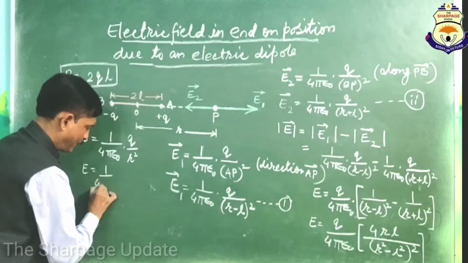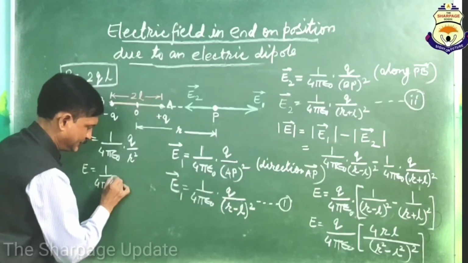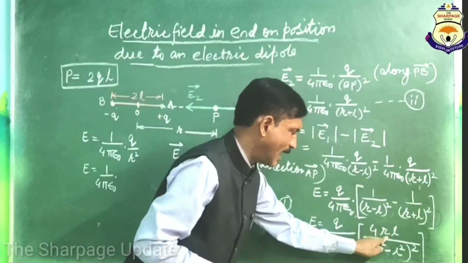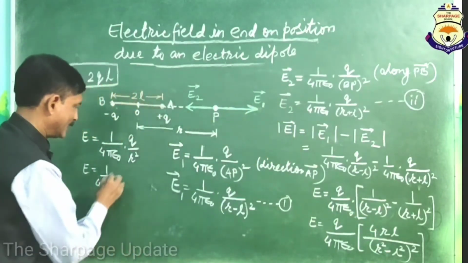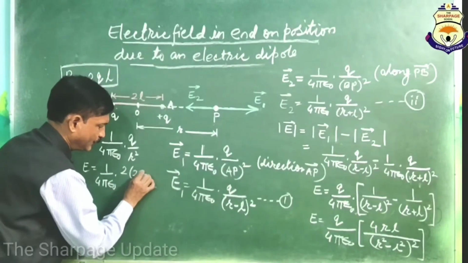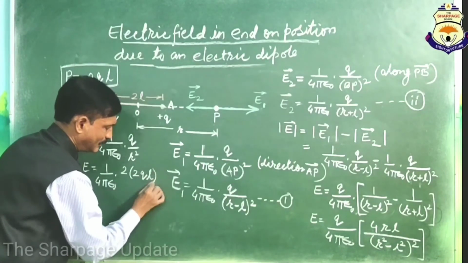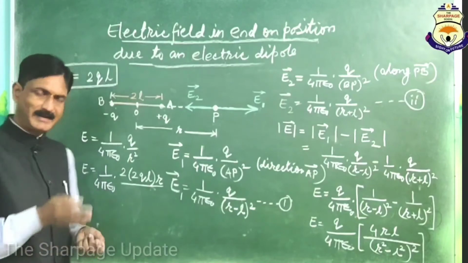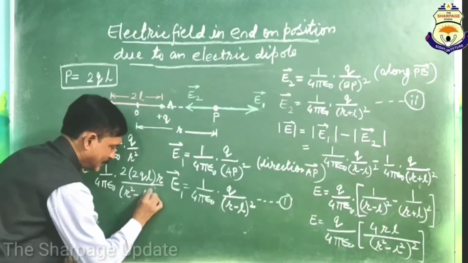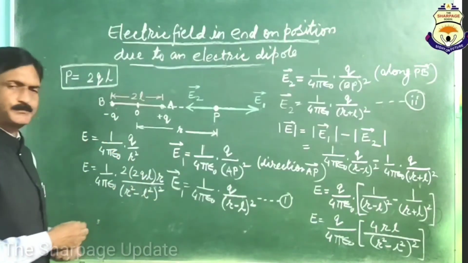E equal to 1 upon 4 pi epsilon 0 into Q into 4 into R into L. So, we can write here 2 into 2ql into R divided by (R square minus L square) whole square.